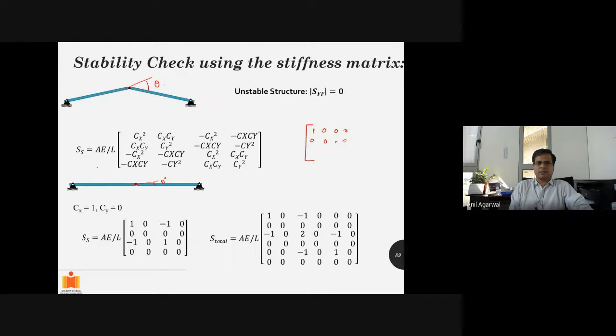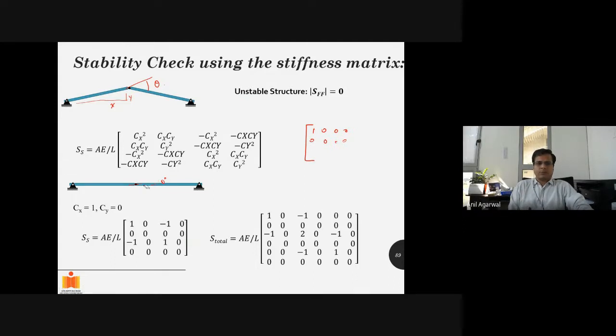This is the stiffness matrix for each member in the global coordinate system, wherein CX and CY we can calculate from the projections. Its projection in the X direction and its projection in the Y direction will govern the CX and CY values.